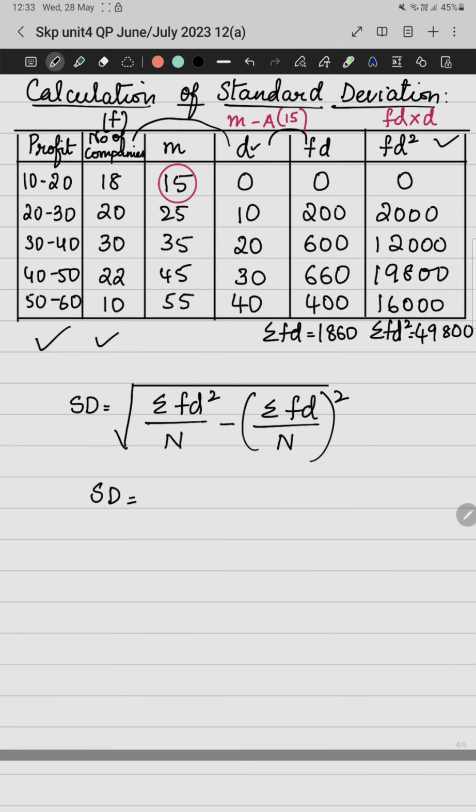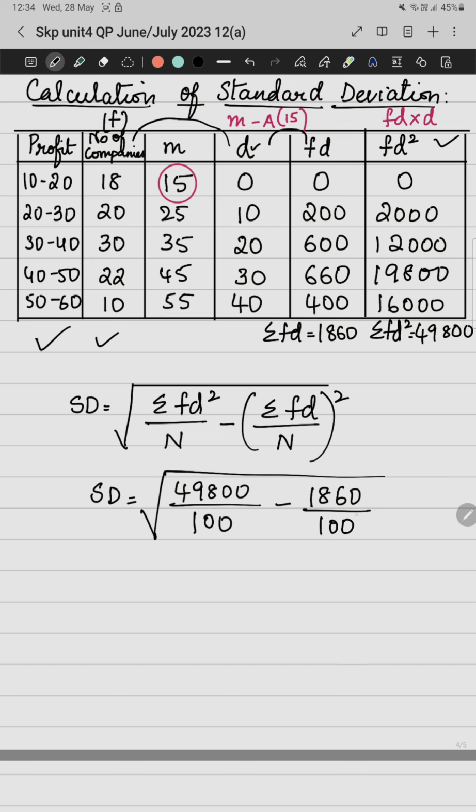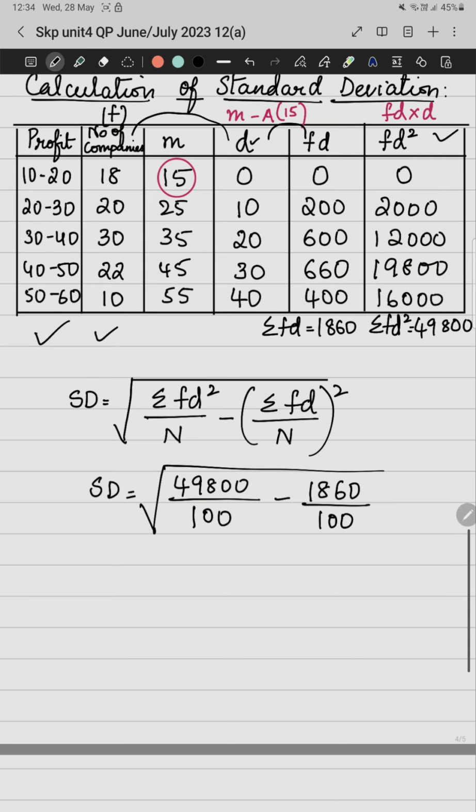Now we'll solve all this in the formula. Standard deviation is equal to under root 49,800 divided by 100 minus 1860 divided by 100, whole square.